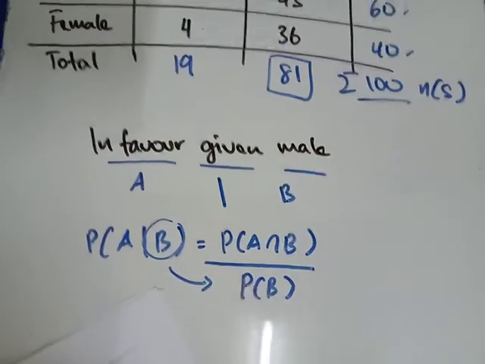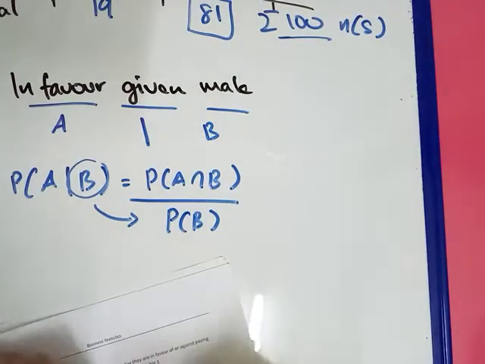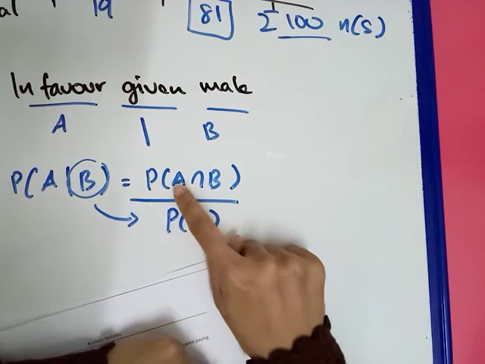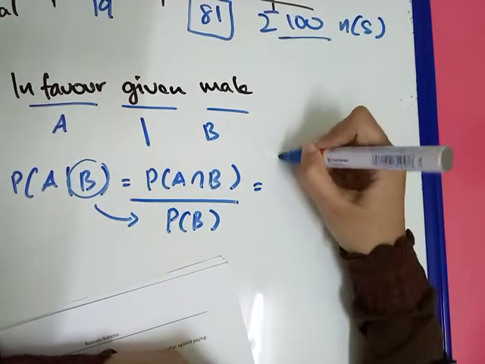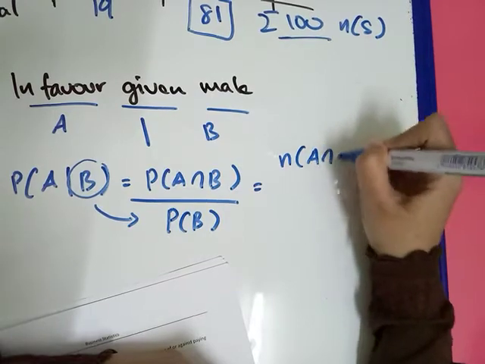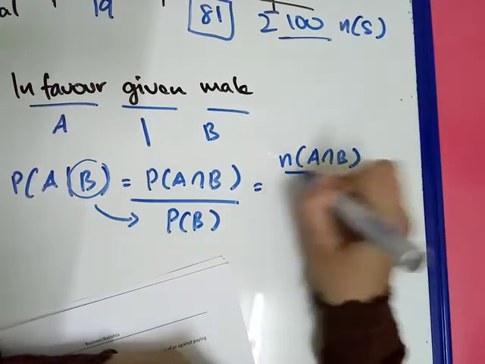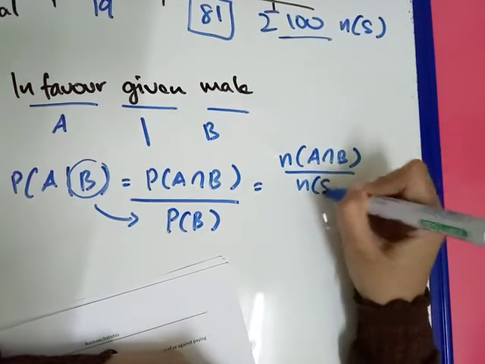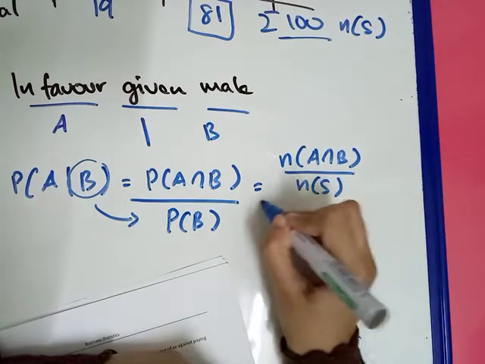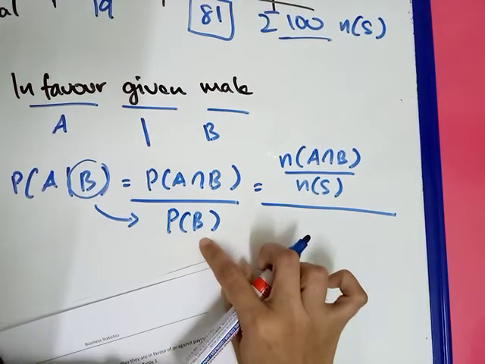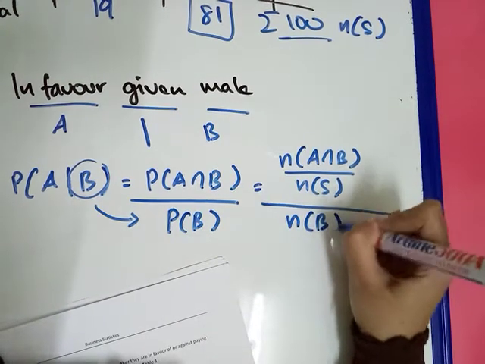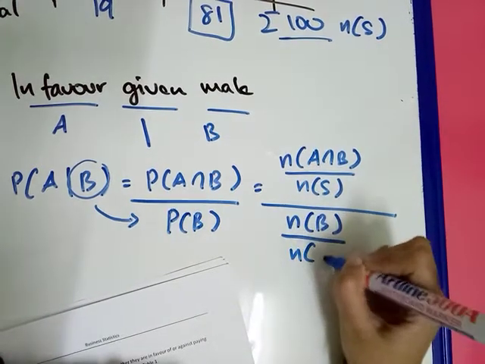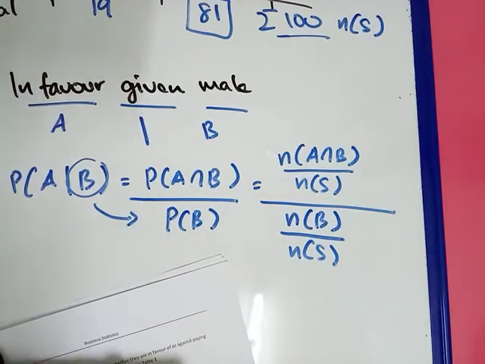Alright, and then we know that to find the probability of A intersect B, that means the number of element A intersect B over the number of element in sample space, divide probability of B. Formula probability apa dia? The number of element in set B over the number of element in sample space.